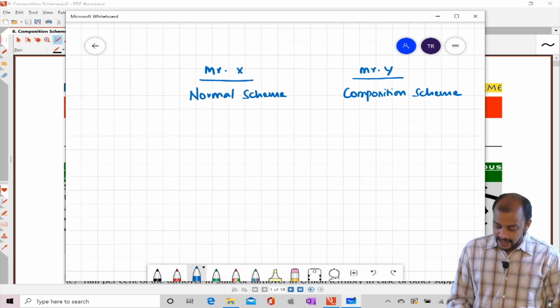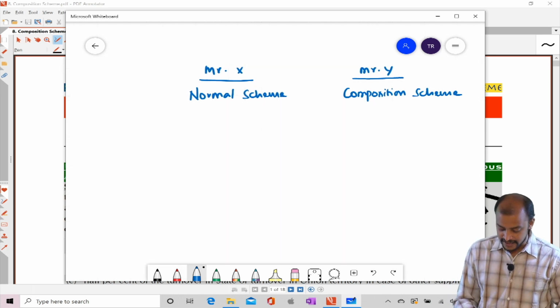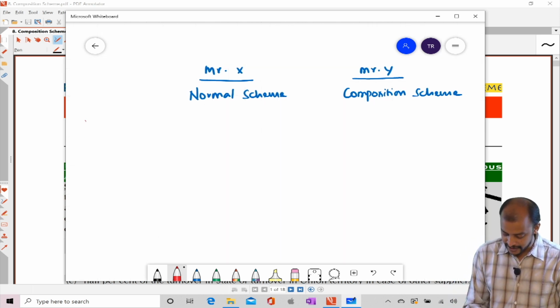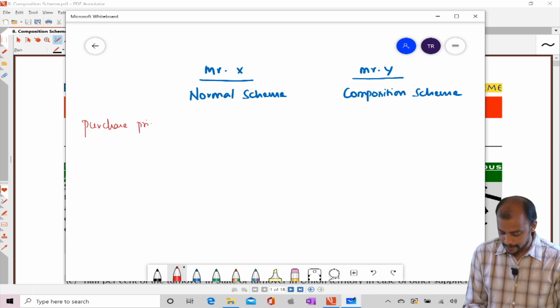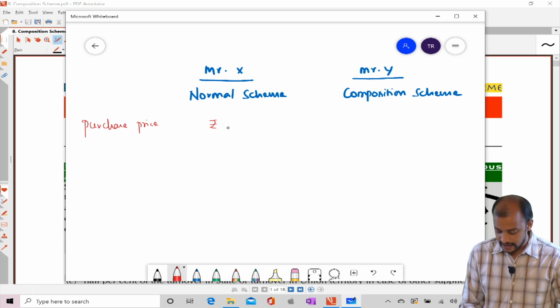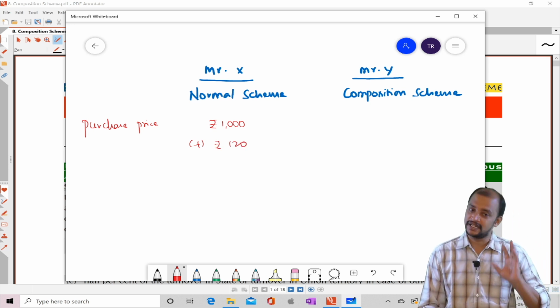Now let's take the purchase price here. Say 1000 rupees is the purchase price plus GST of 120. This is under the normal scheme.